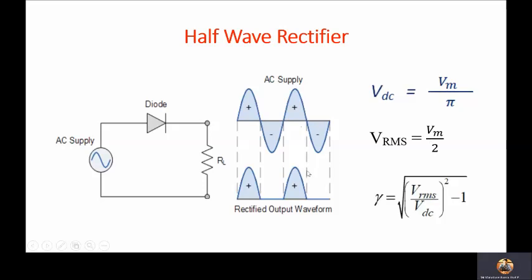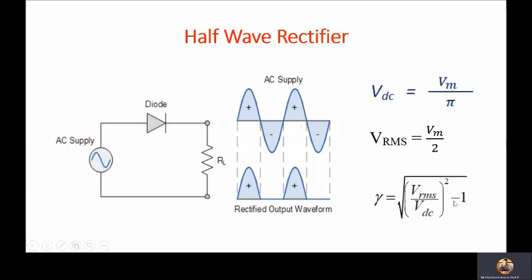As I told previously, the output is pulsating. That means it contains ripple components. Therefore, the ripple factor of the half-wave rectifier, gamma, equals the square root of (Vrms divided by VDC) whole squared, minus 1.